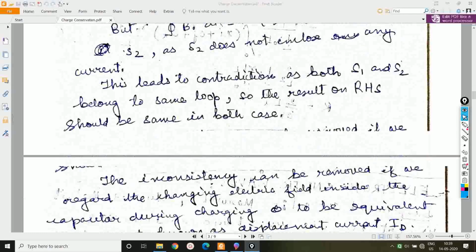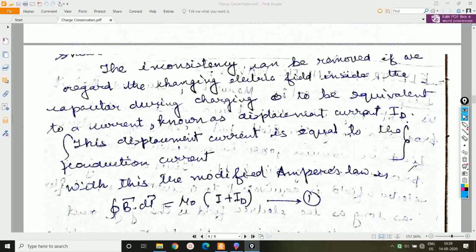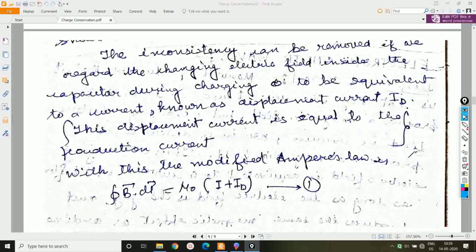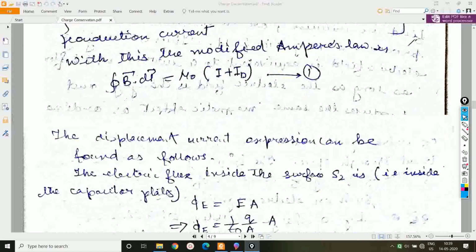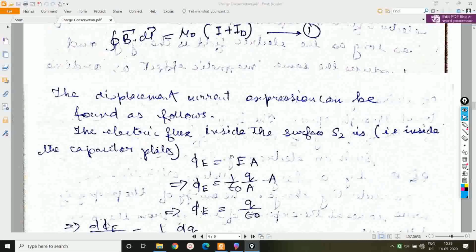And one can show that displacement current and conduction current have the same value, that is, the displacement current inside the capacitor plates has the same value as the conduction current outside the capacitor plate. So how can you get the expression for displacement current?